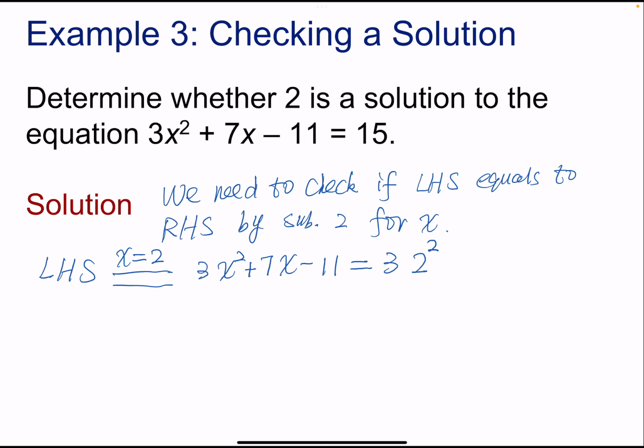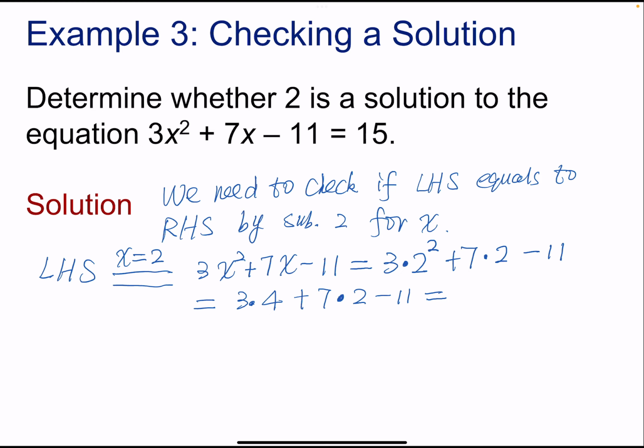Again, here 3x squared means 3 multiplied by 2 squared, and 7x means 7 times x, so 7 times 2 minus 11, okay? So continue. I need to calculate 2 squared first, so that's 4, so 3 times 4 plus 7 times 2 minus 11, okay?